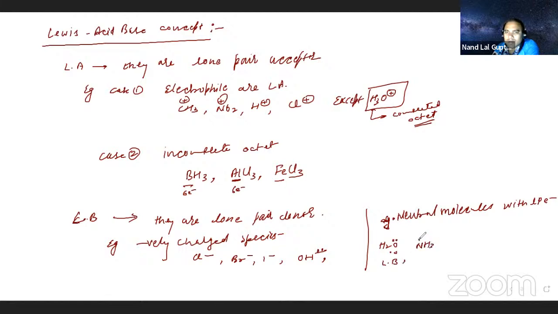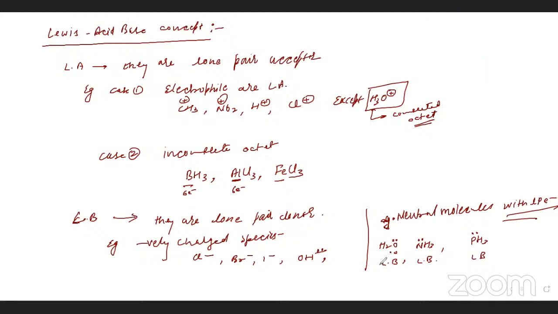NH3, Lewis base. PH3, Lewis base. Neutral molecules having lone pair electrons are also capable to donate lone pair electrons, so they are going to be Lewis bases. Can you understand this? Can I erase? Yes.